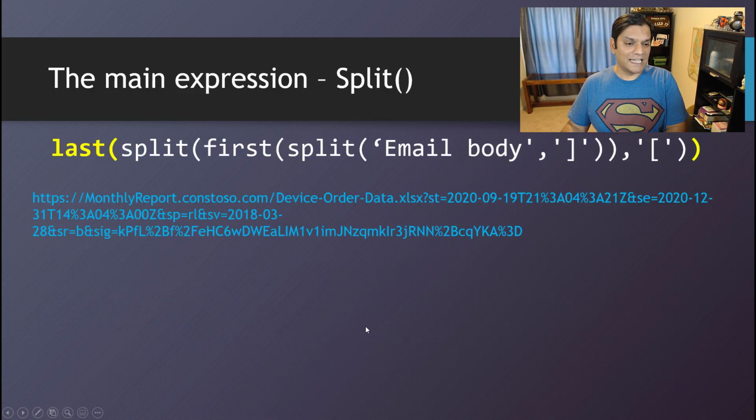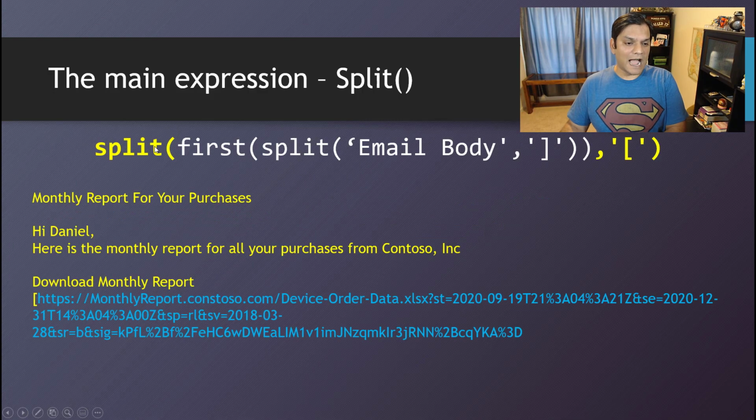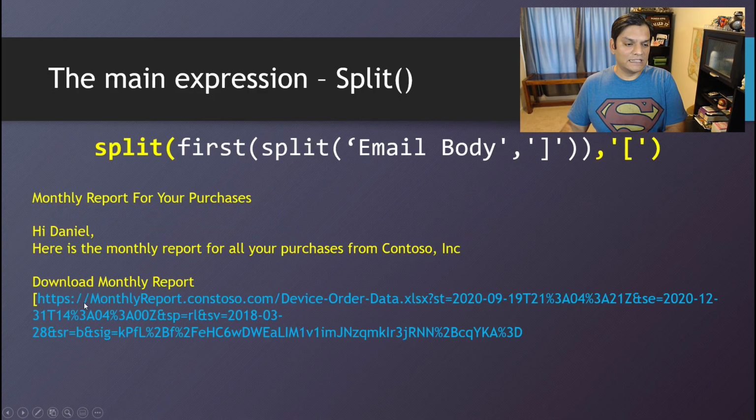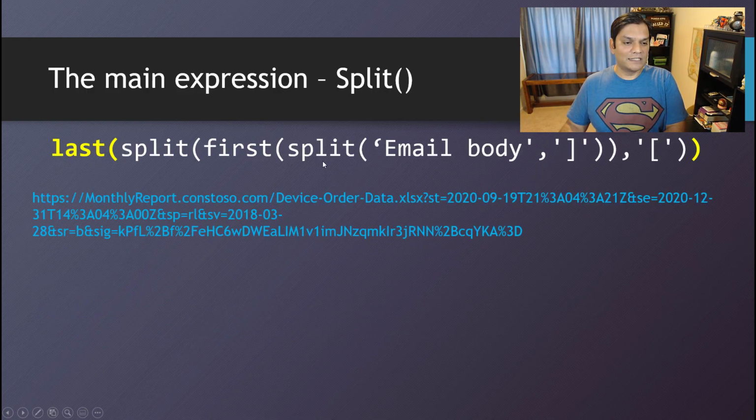So when I did that, I just want the last section of it, the last section being this one. So now that I've grabbed that, thanks to this combination, which was initially split, then getting the first section of the box, doing another split based on the closed box, and then just getting the last piece, I finally got the URL that I needed.